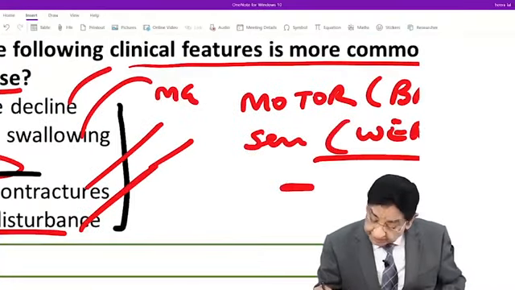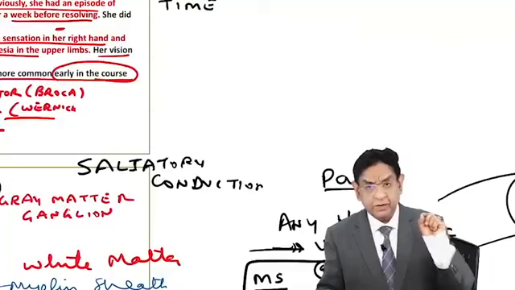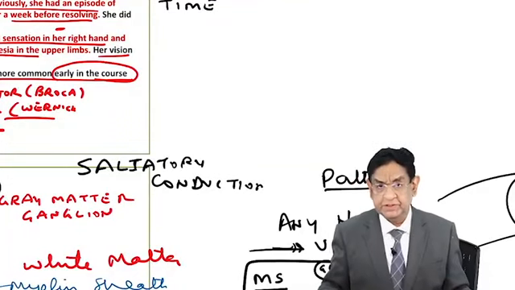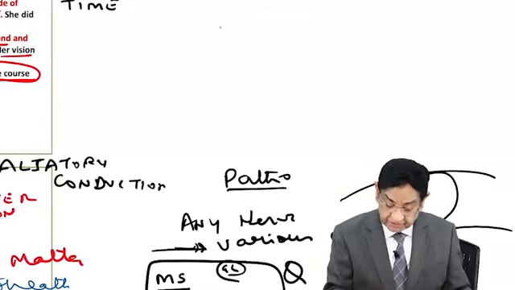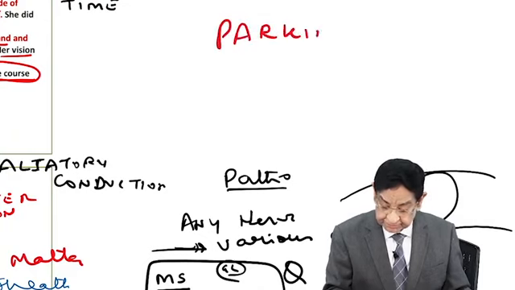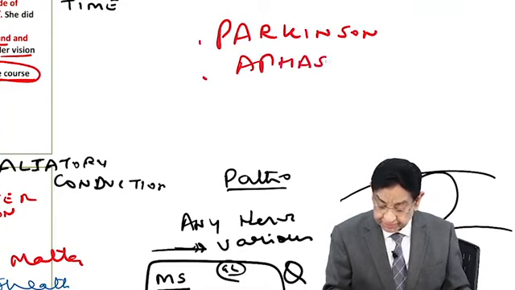I hope you have written the answer now. I asked you which three things never happen in multiple sclerosis. Parkinsonism is not a feature. Aphasia is not a feature.